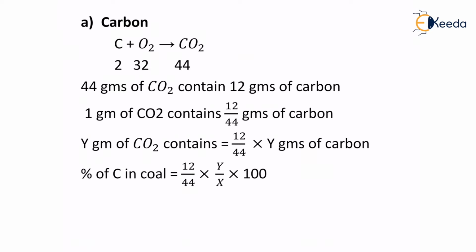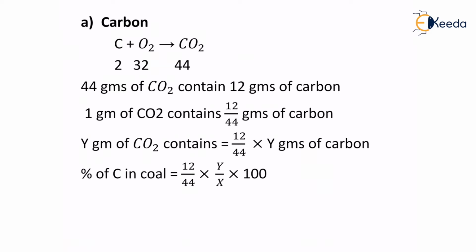Over here we'll do cross multiplication. If 44 grams of CO2 contains 12 grams of carbon, then 1 gram of CO2 will contain how much? It will be 1 into 12 upon 44, and 1 into 12 is 12 itself, so it will be 12 by 44 grams of carbon. Y grams of CO2 contain 12 by 44 into Y grams of carbon.